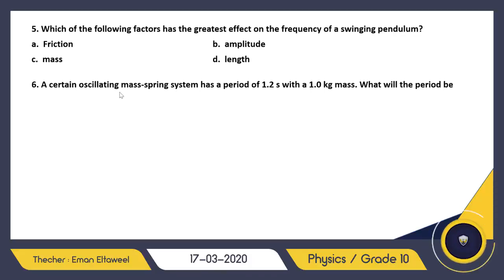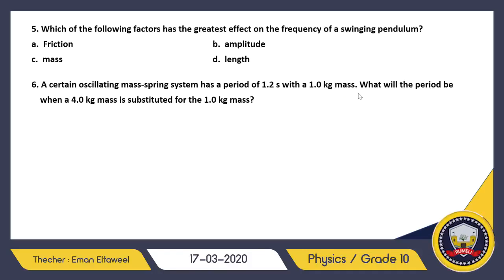Number 6. A certain oscillating mass spring system has a period of 1.2 seconds. Here is T, period. With a 1 kilogram mass, here is M. What will the period be when a 4 kilogram mass is substituted for the 1 kilogram mass?